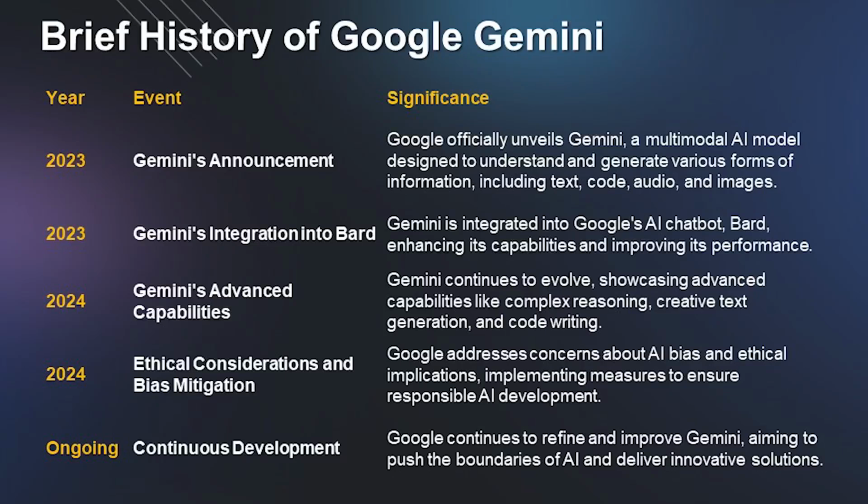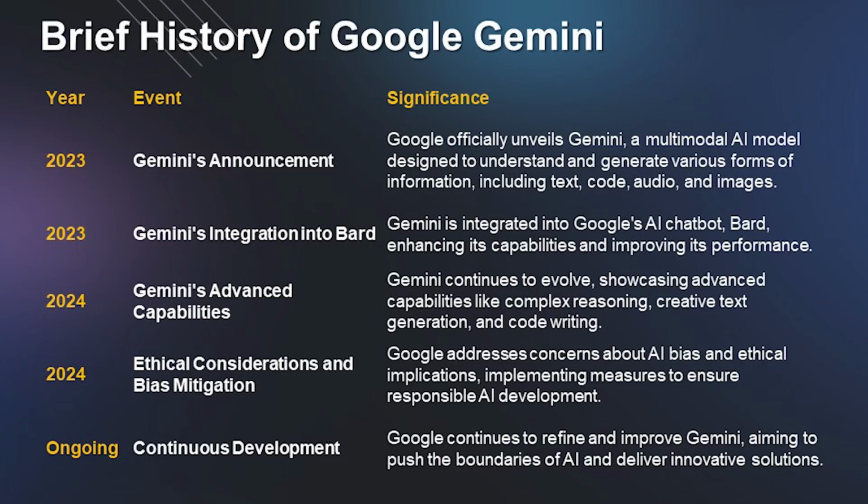Now, let us take a look at how Gemini has evolved over time. In 2023, Google announced Gemini, introducing its groundbreaking multimodal capabilities. In the same year, Gemini was integrated into Bard, enhancing AI chatbots' performance.